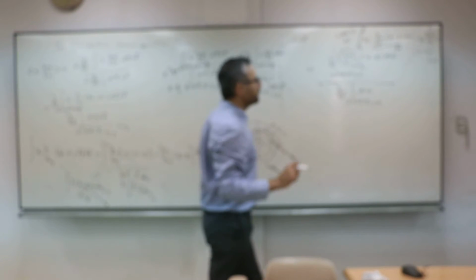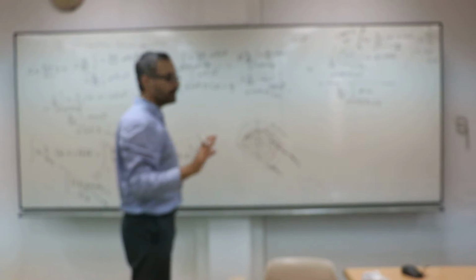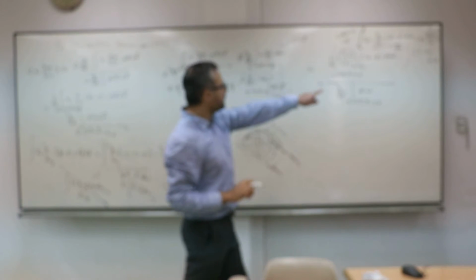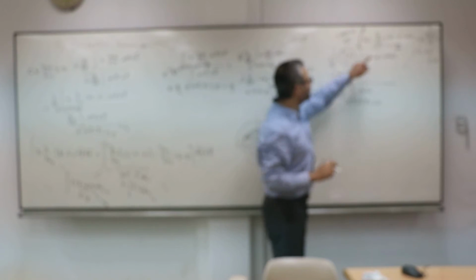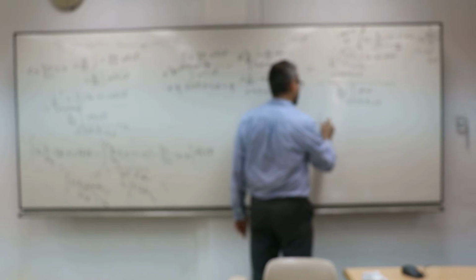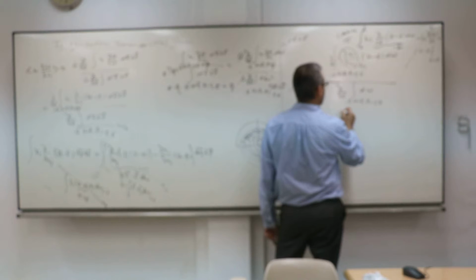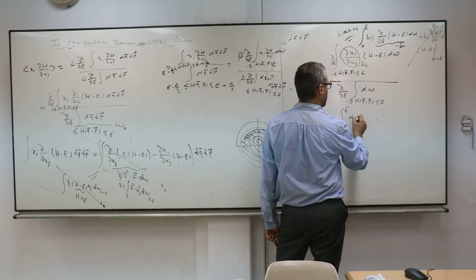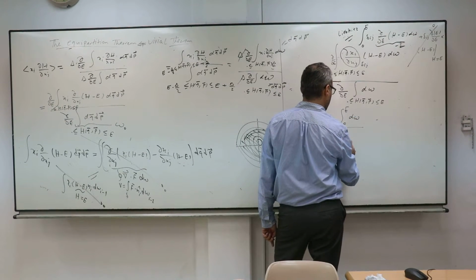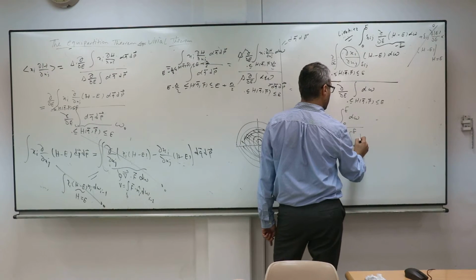This is a partial derivative with respect to E, not with respect to any other things. So minus 1 here, delta ij. So you have delta ij, integral 0 to E d omega, partial derivative, and integral 0 to E d omega.